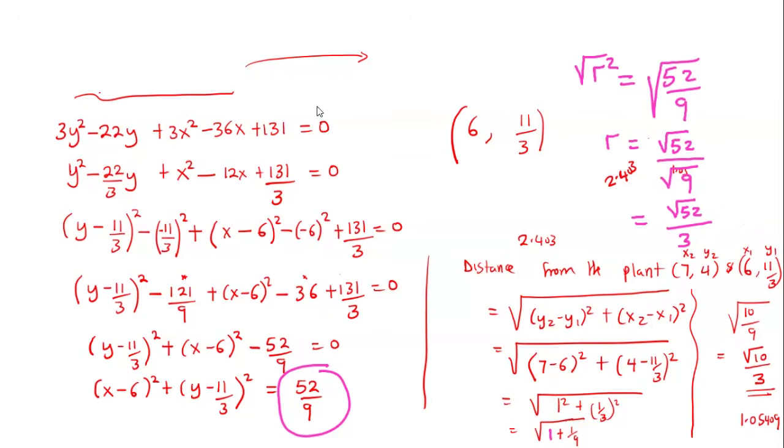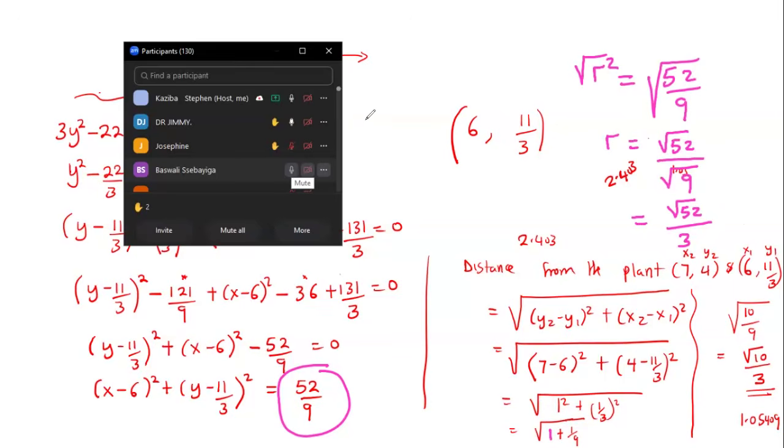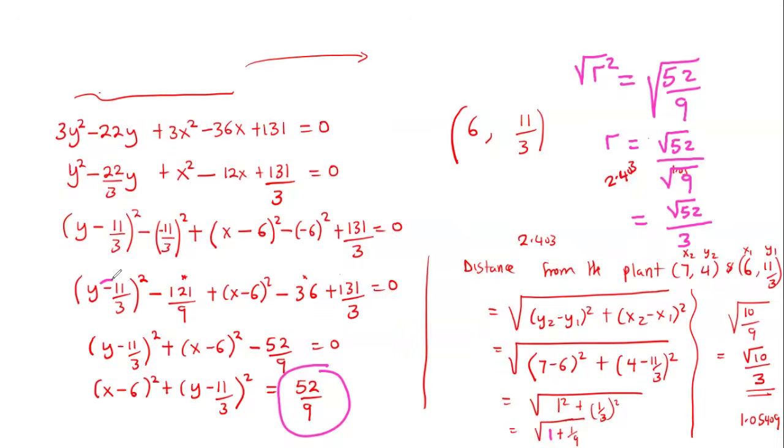Yes, Jimmy, and then Josephine. So my inquiry was where we completed the squares. What determines the sign on, for instance, the negative sign on 11 over 3?